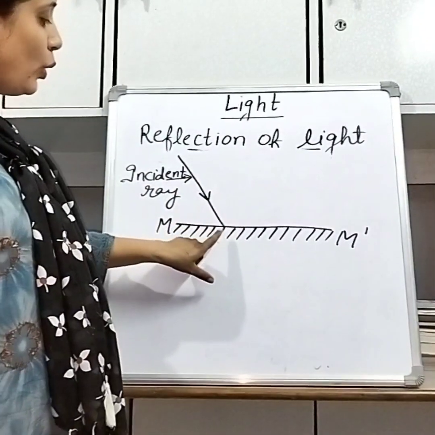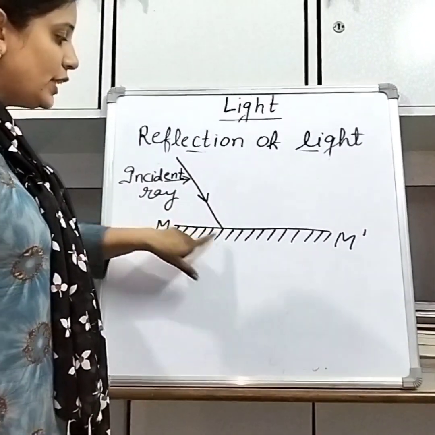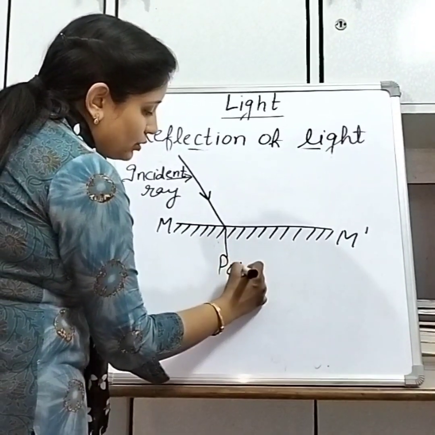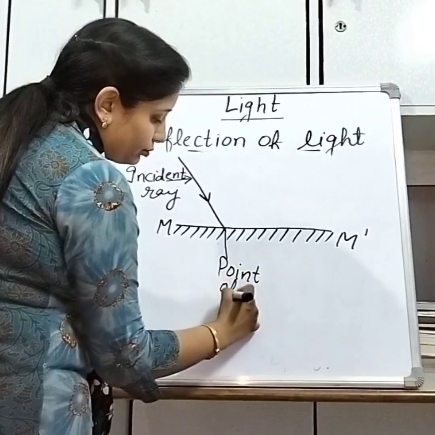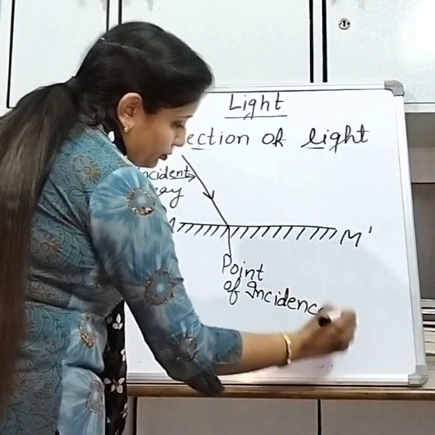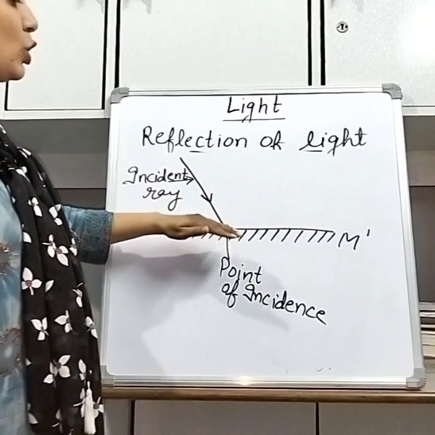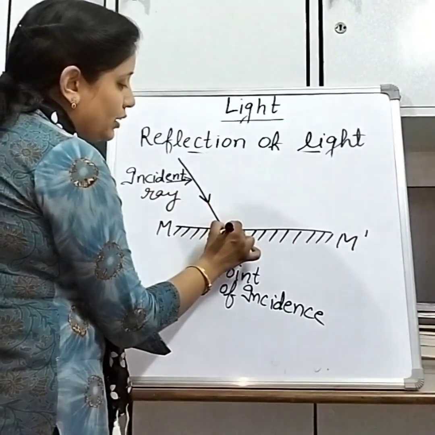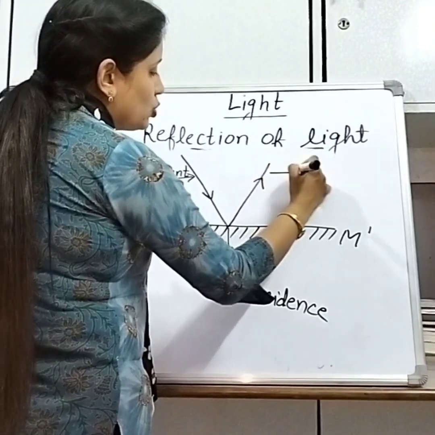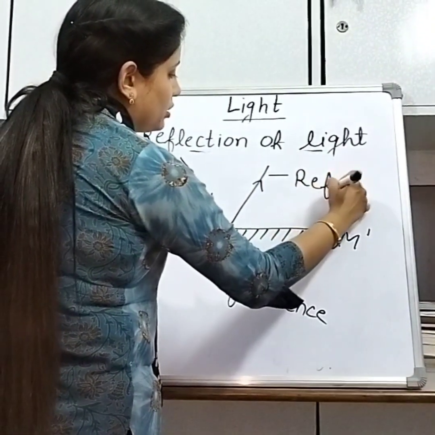The point on which the incident ray is incident on the mirror is known as the point of incidence. And the mirror surface reflects this light in another direction, and that ray is known as the reflected ray.